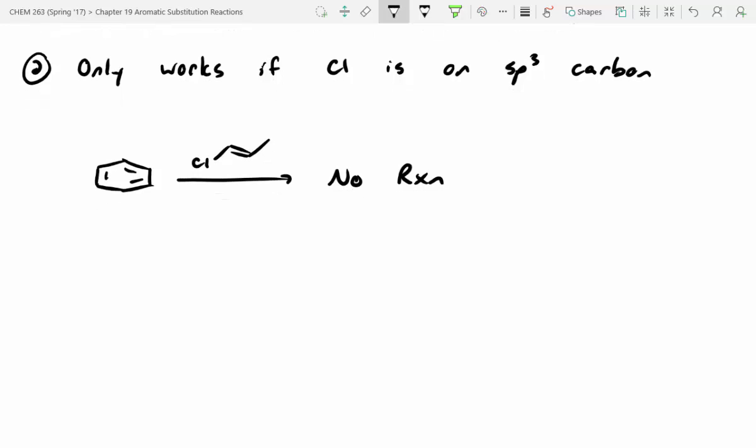The third problem, which is arguably the biggest problem, is that alkyl groups are activating. Does anybody know what activating means? Yeah, it's usually something that promotes the reaction, right? An activator.